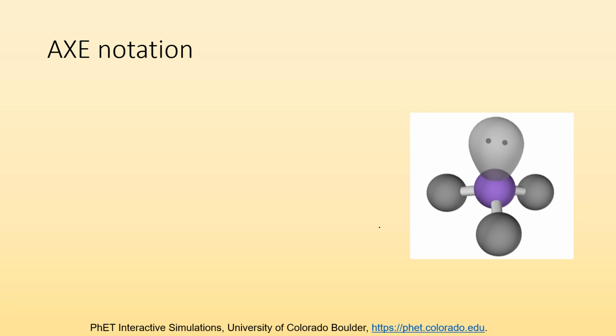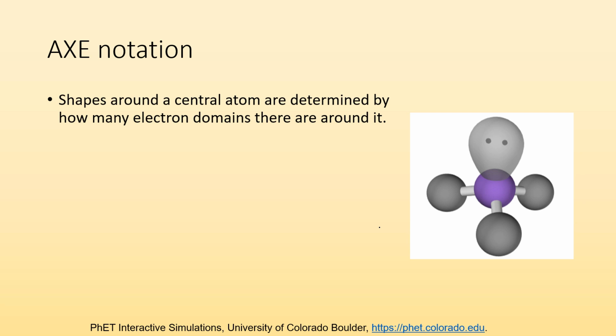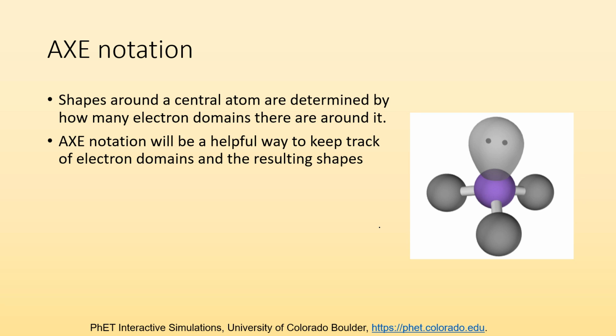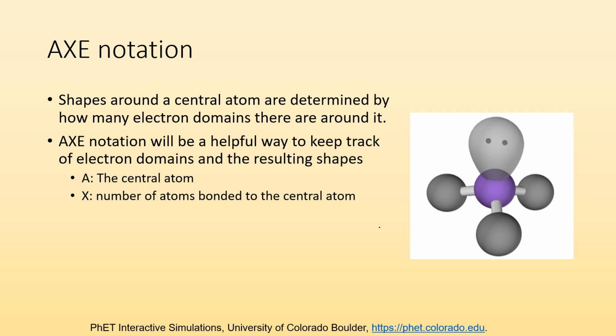A useful way to describe the electron domains around a central atom is with AX notation. It's like a shorthand so that you can communicate quickly how many bonding domains and how many non-bonding domains there are. It's a helpful way to keep track of these domains and the resulting shapes. A represents the central atom, X is the number of atoms bonded to the central atom, and E would be the number of unshared pairs of electrons.